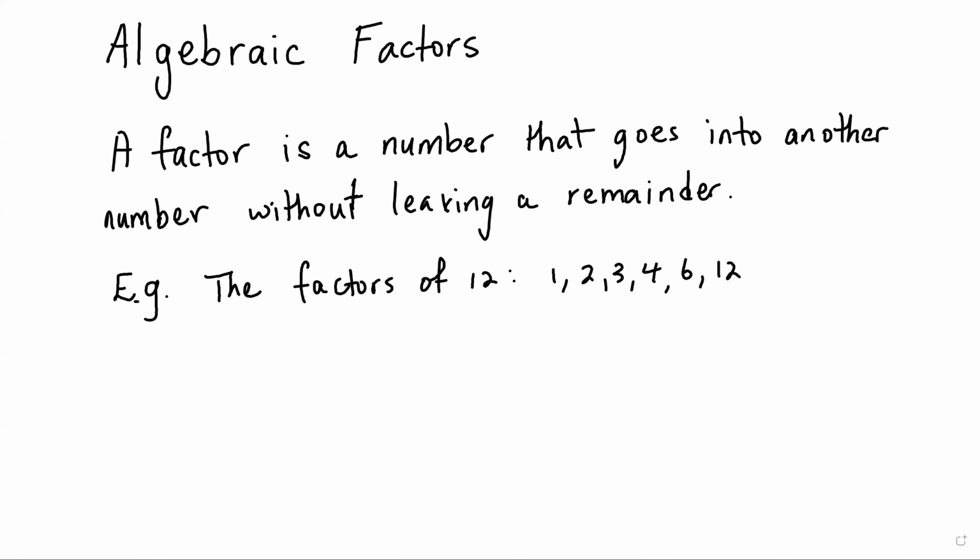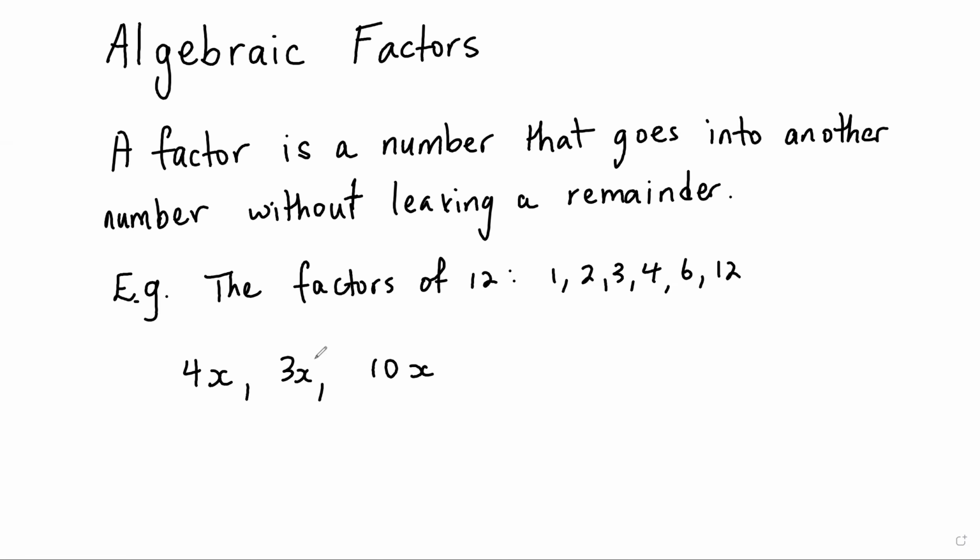In the same way that numbers can be factors of other numbers, you can also have algebraic factors. For example, let's say you have 4x, 3x, and 10x, right? They all have a common factor, which is x.